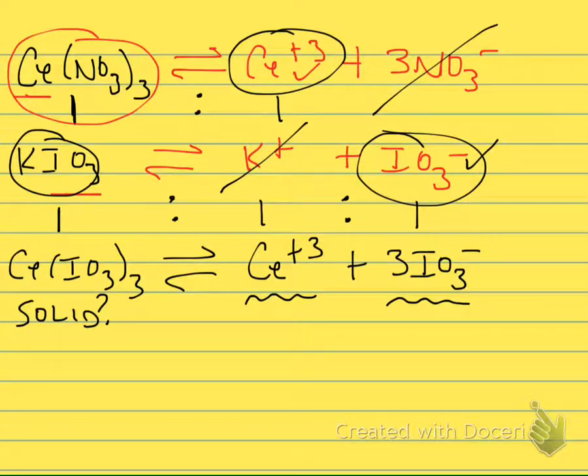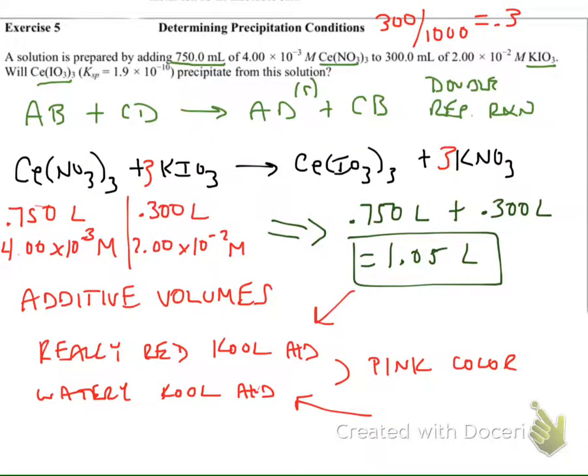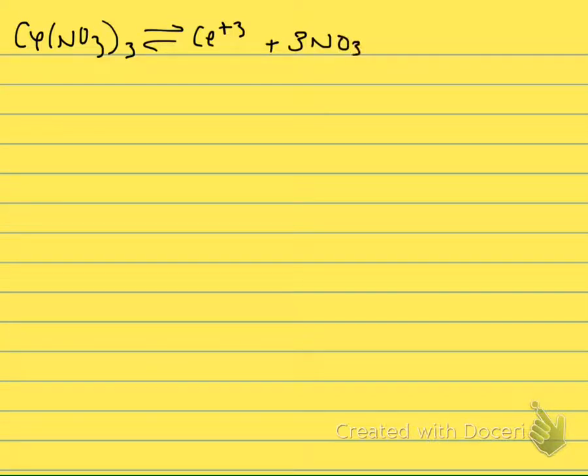So I was told from the first bit of information over here what the concentrations are and how much of those I have. And so I'm going to start breaking that down on the next page. So we said that Ce(NO3)3 breaks down into Ce plus 3 plus 3NO3 minus, and that this is 1 to 1 to 3, but I don't need this.